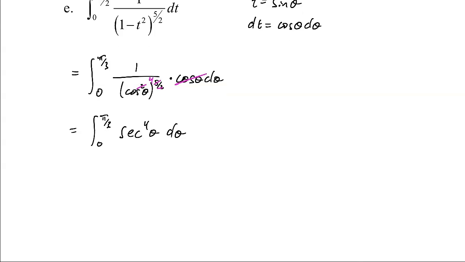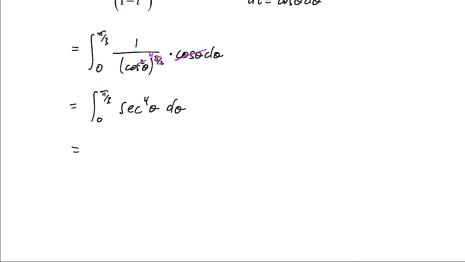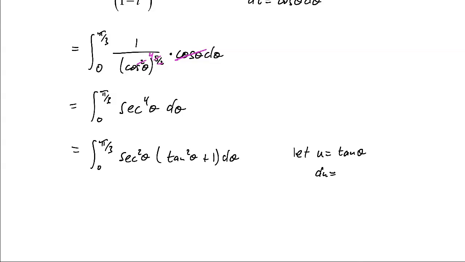What can I do with that? I can rewrite one of the secants squared as tangent squared plus 1. Because then if I let u equal tangent, then du is secant squared d theta.